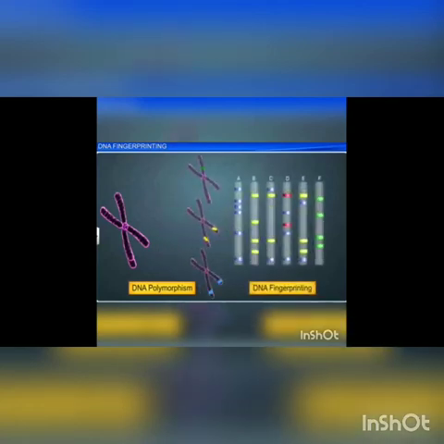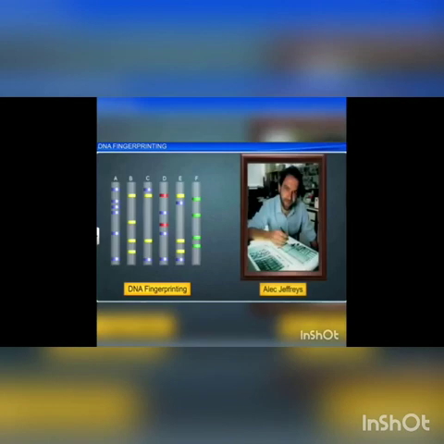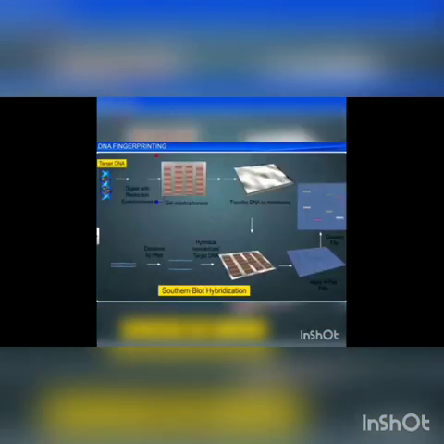The DNA fingerprinting technique was first developed by Alec Jeffreys in 1985. This technique involves Southern blot hybridization, which uses radio-labeled VNTR as a probe.